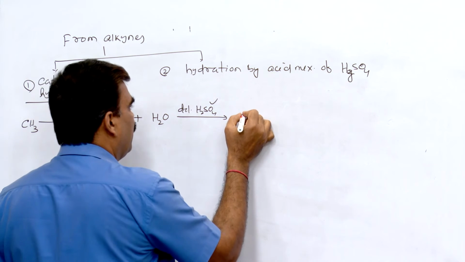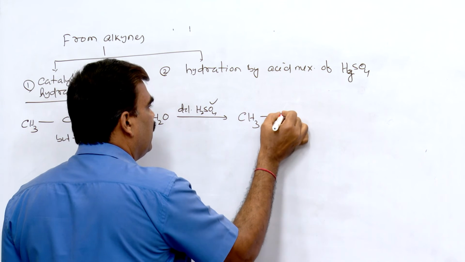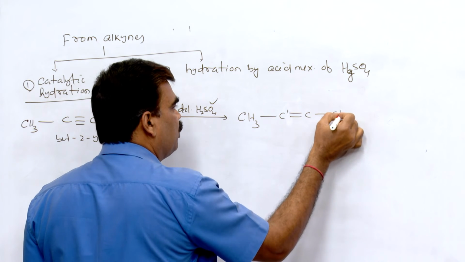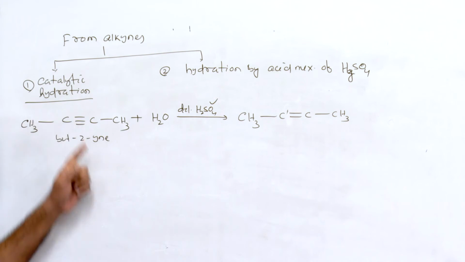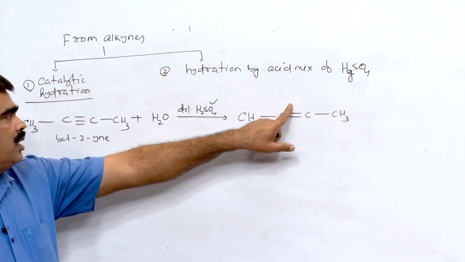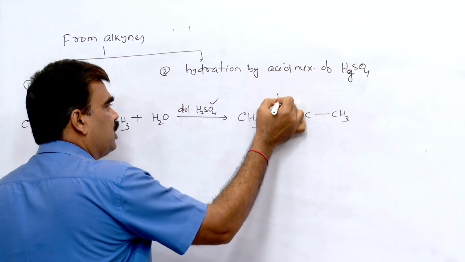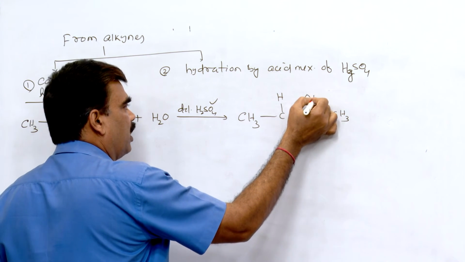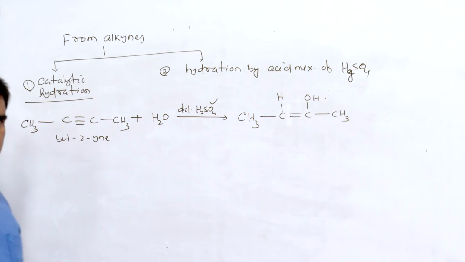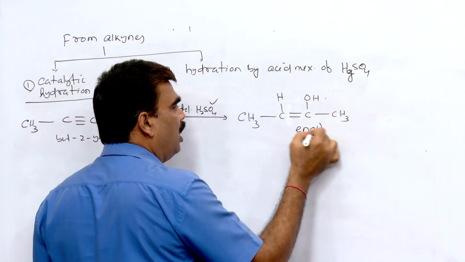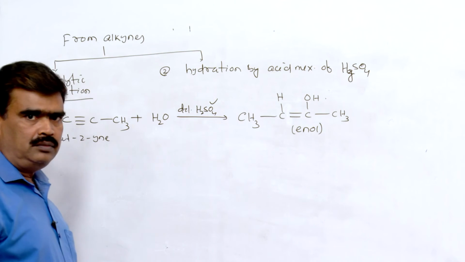Like this, you get CH3, C, here you have a double bond C. First you write, breaking the pi bond, you write the remaining structure and then you put H over here and OH over here, right. So, this is your enol. So, this forms your enol, okay.